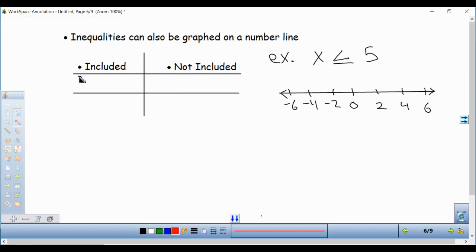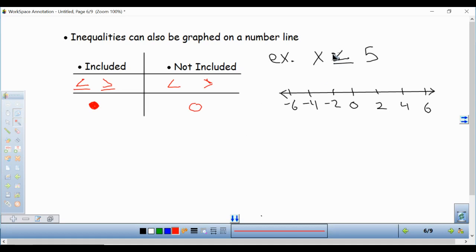Things that are included, and this will make more sense in a second, are less than or equal to, or greater than or equal to. If it's included, both of these are represented by a shaded circle. Not included would be less than or greater than. Those are going to be represented by an open circle.